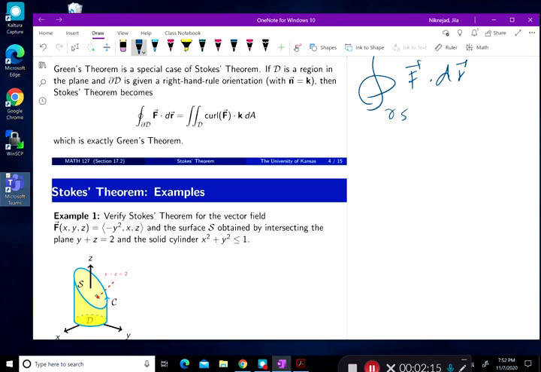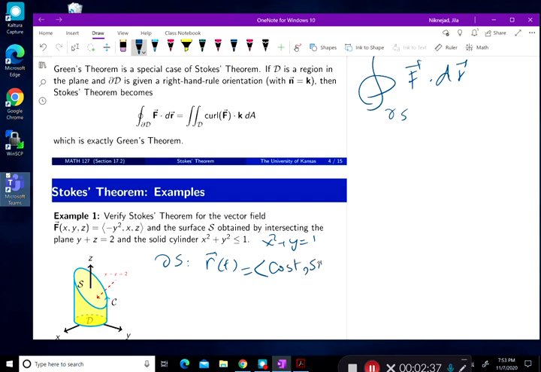So how do I parameterize that? Parameterizing the boundary, which is going to be r(t). First of all, I know that x and y have this relationship of x² + y² = 1 on the boundary. So I just write that down.